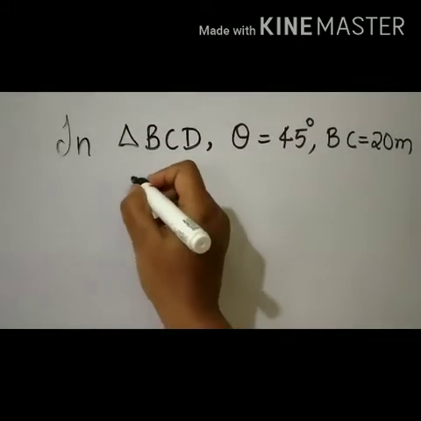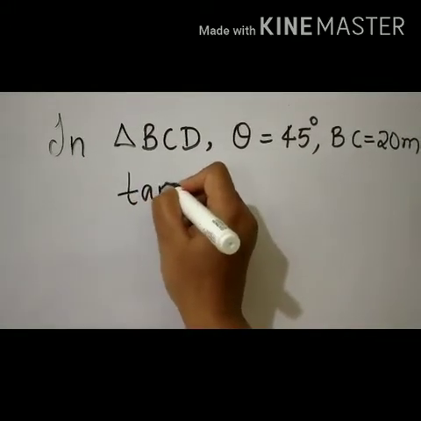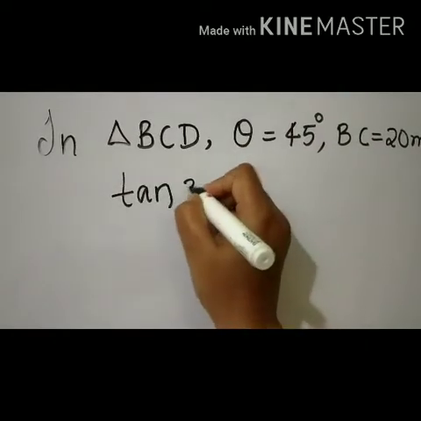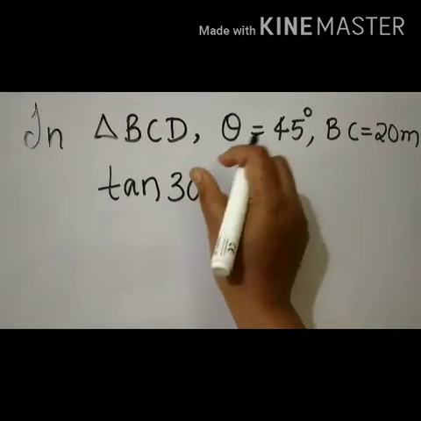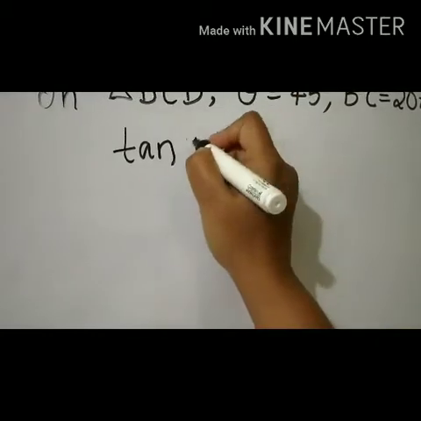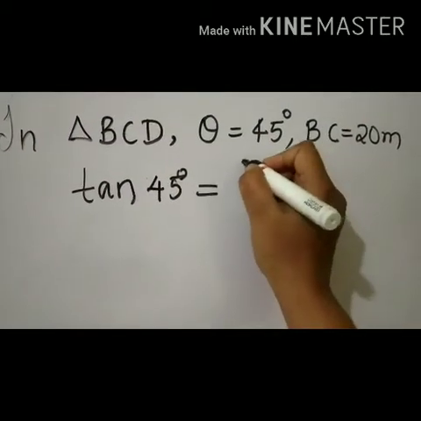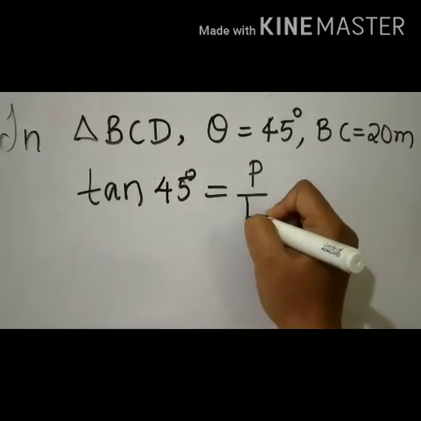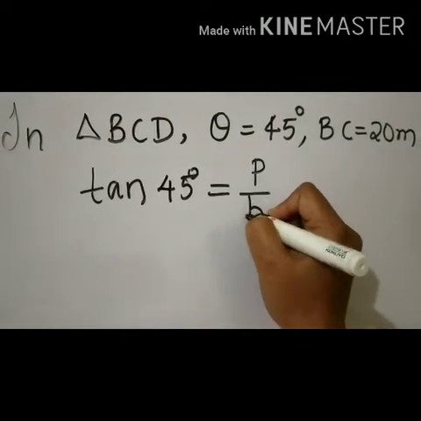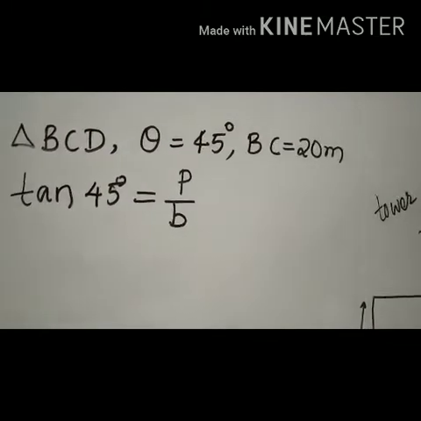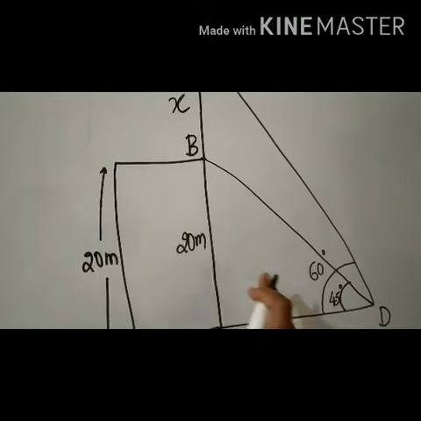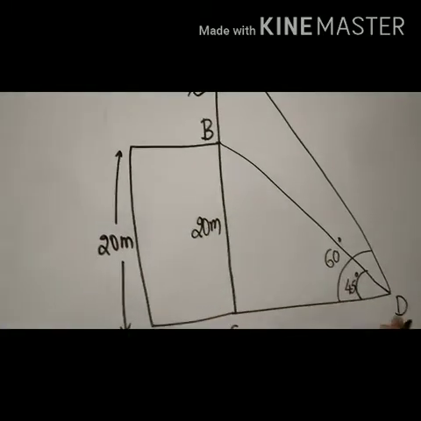So for this we will use the ratio tan, because tan theta, the ratio is tan 45 degrees we will be using here. Tan theta is perpendicular by base, that is opposite side by adjacent side. So here for this theta 45 degrees, opposite is BC and the base is CD.